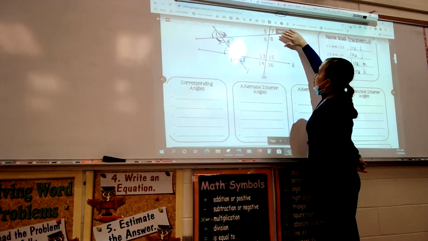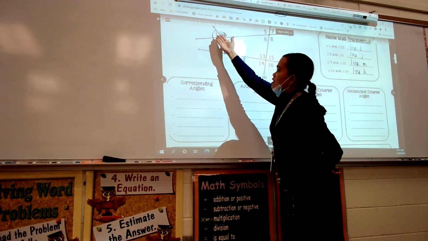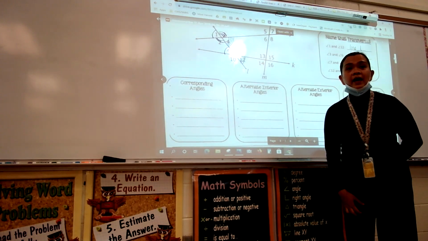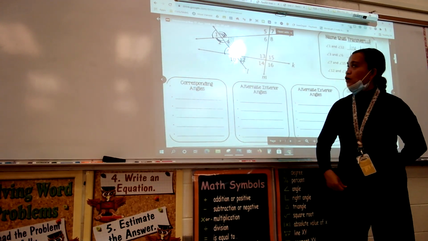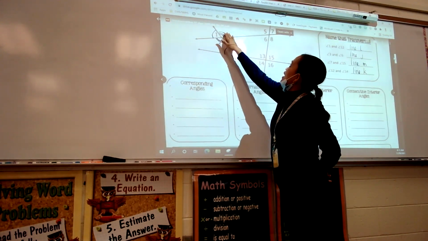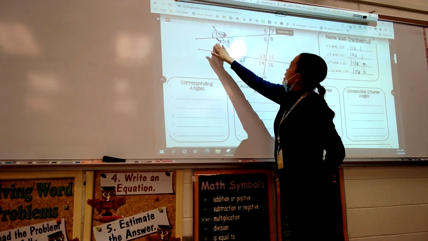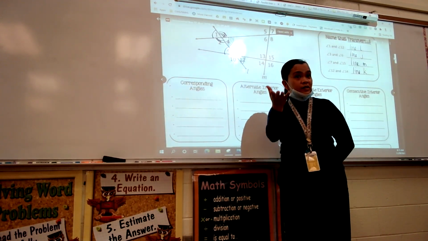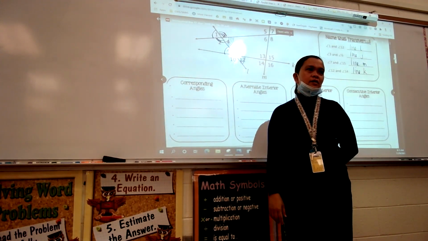Is there any corresponding in line J? There is. How many pairs? 4 also. 1 and 5, 3 and 2, and 4. I think you know that. See, there's 16 pairs in total.